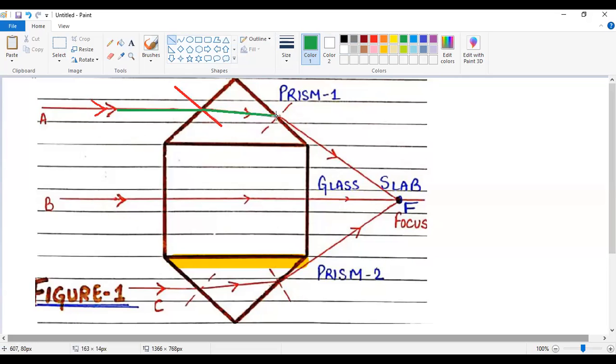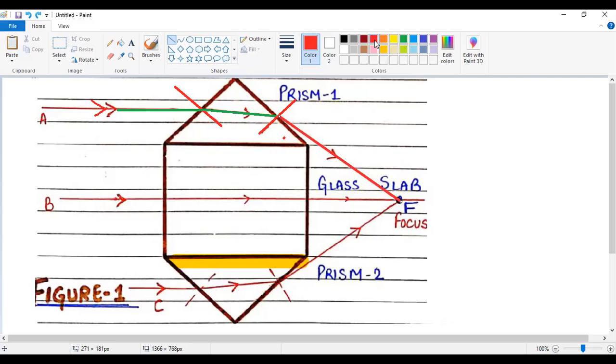Because the light is going from air to glass, it will bend towards the normal. And then let us draw a normal on the second surface of prism 1. Then the ray of light is going from glass to air. When the light is going from glass to air, it bends away from the normal such that the ray is striking the point F, where point F is known as focus.